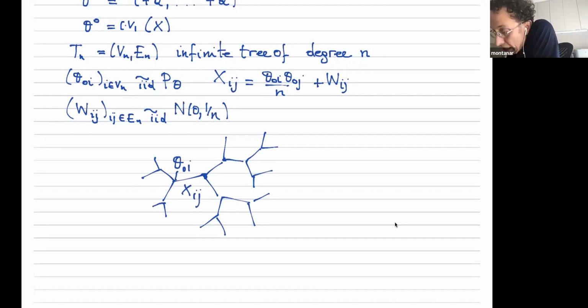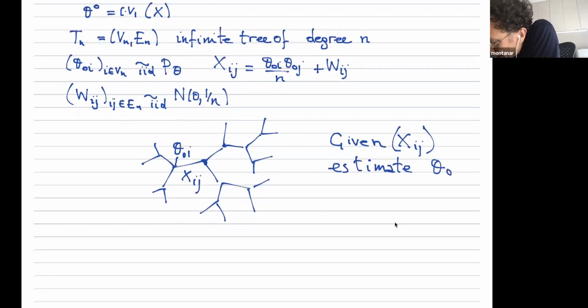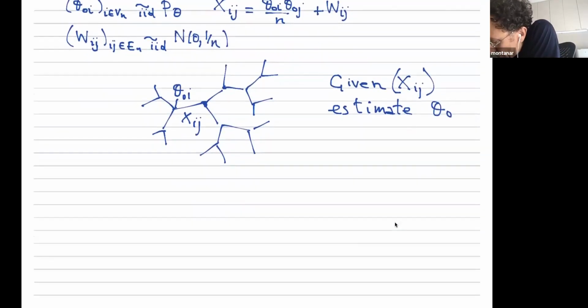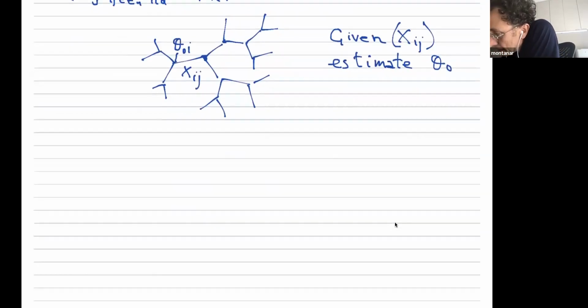And now I can state a perfectly honest statistical estimation problem: given the X_ij, estimate theta 0. All right? So this is the tree relative of my low rank estimation problem.